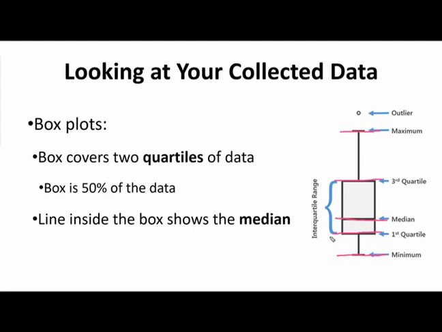So we're saying that 25% of our scores fall in this range, 25% of our scores fall in here, 25% are here, and 25% are here. So this box in the middle, this box that goes from our first quartile to our third quartile, that's encompassing 50% of our data. That's half of all of the scores that we have.